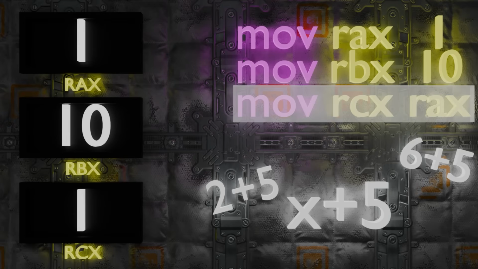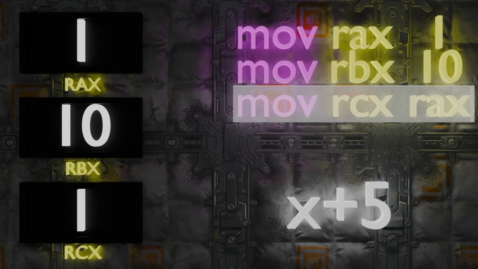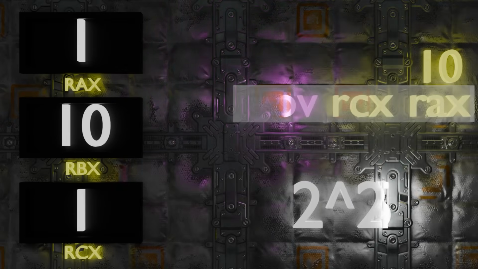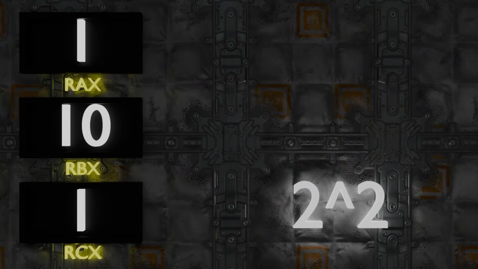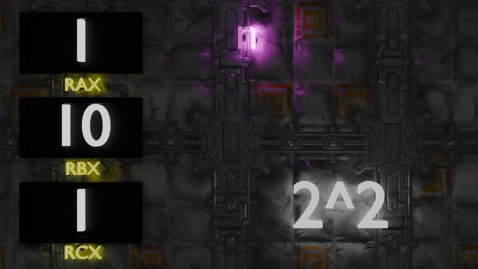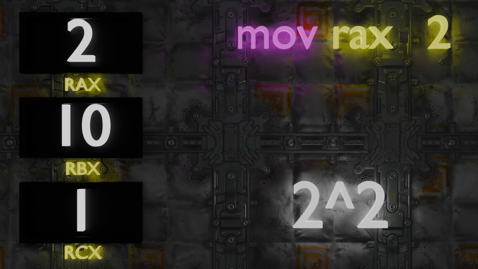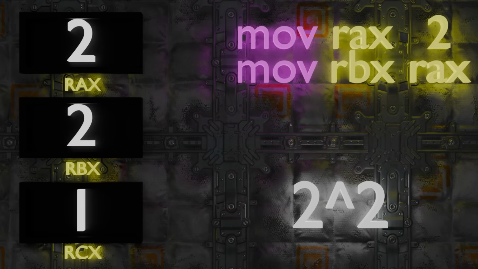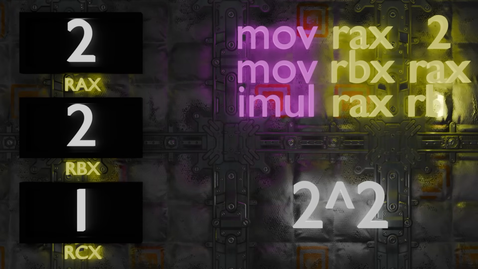What do I mean by that? Well, let's say that you'd like to get a square of some kind of number, like a 2 for example. How could you do it? Well, you could do it by first taking a 2, then moving into the A register, then we can move the same number from A register to a B, and then we can multiply them both together using the IMUL operation, which just stands for integer multiplication.